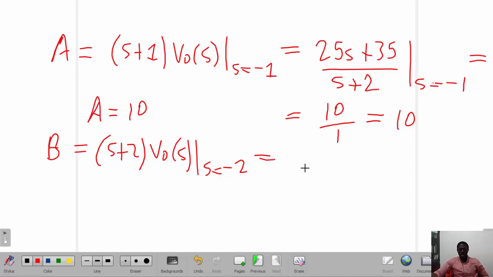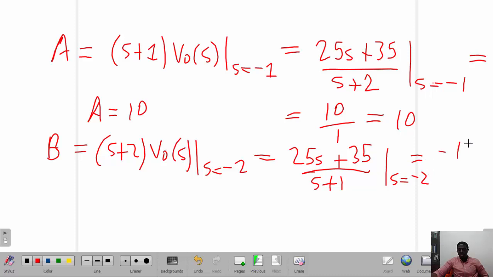This gives us 25s plus 35 over s plus 1, and we're saying s is minus 2, and this gives us minus 15 over minus 1. In short, we are saying B is simply equal to 15.